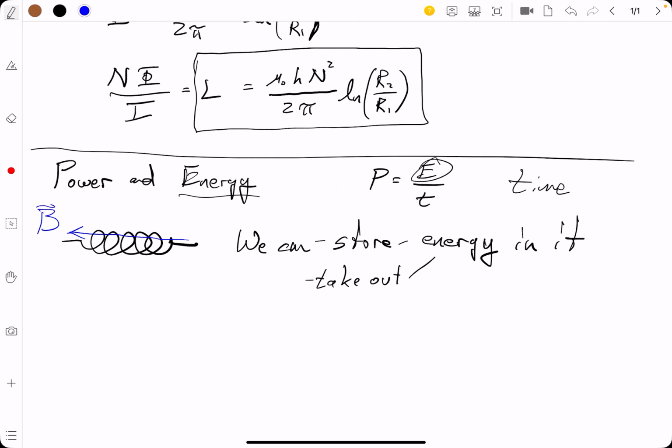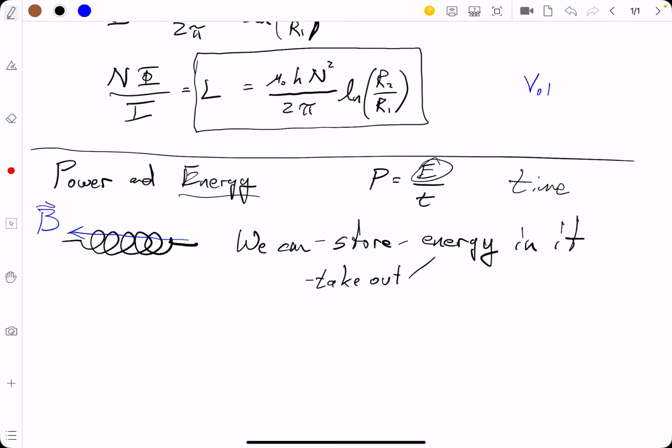Okay, we are generating a B field, and we want to know what the energy is stored in that B field. The other thing is, we know these things as a function of their volumes, right? So if we know volumes and B fields, we can get energy densities. That might be a better way of thinking about it.